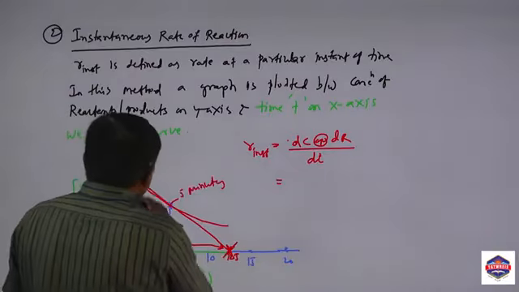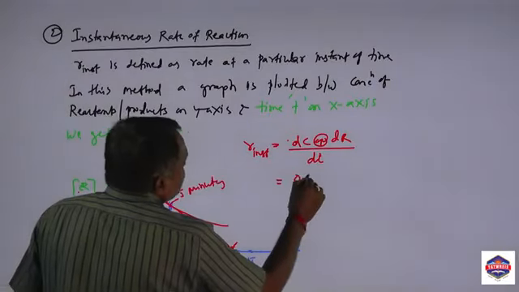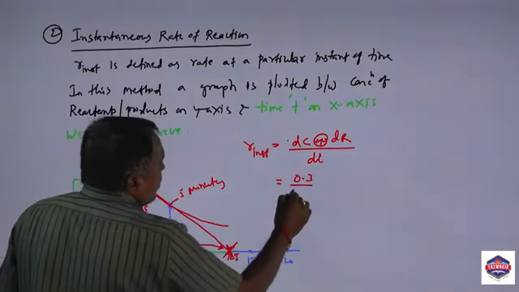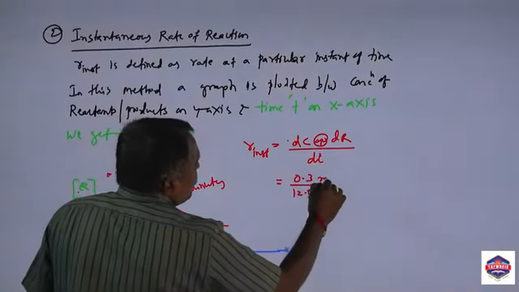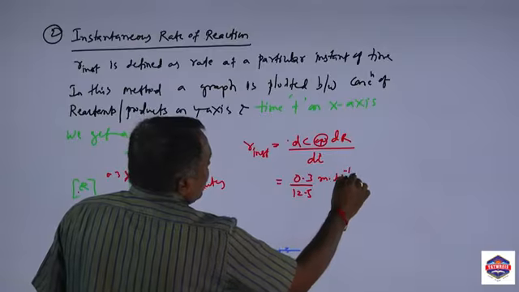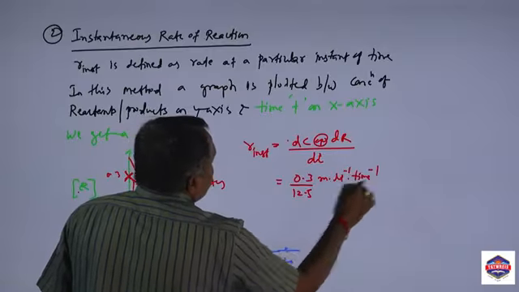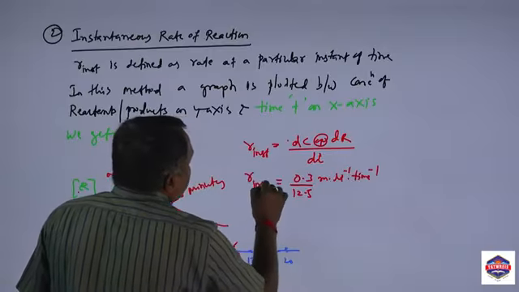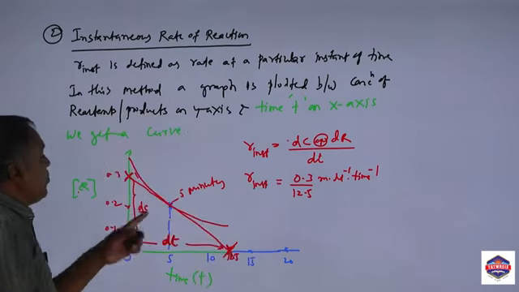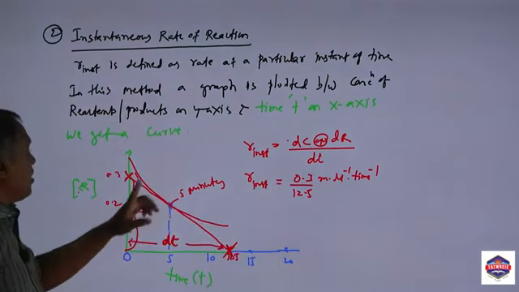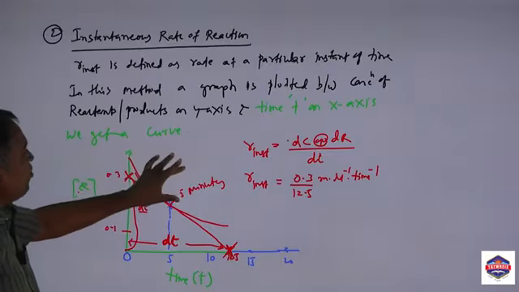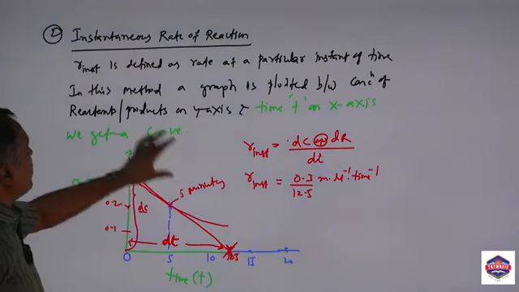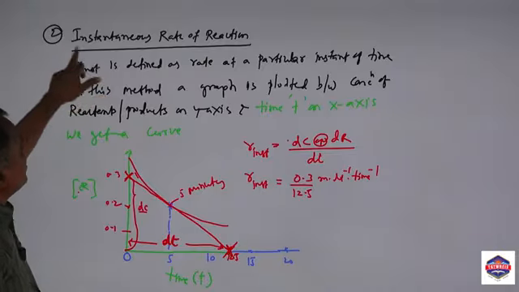So this is 0.3 and dt is 12.5. Again, it is the same mole liter inverse and time inverse. So this is R instantaneous at a particular time, at an instant of time, that is 5 minutes. At a particular instant of time, here we are calculating the rate of reaction.